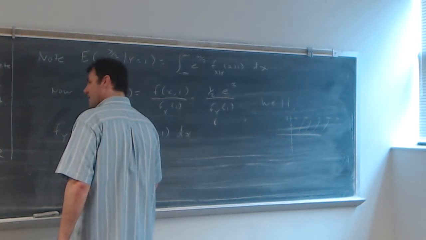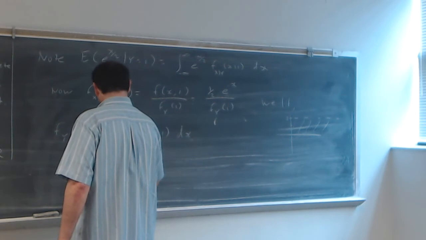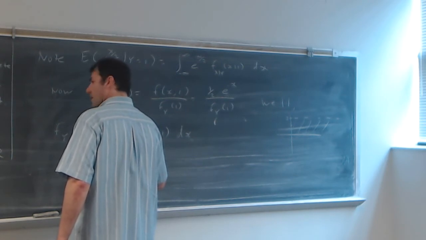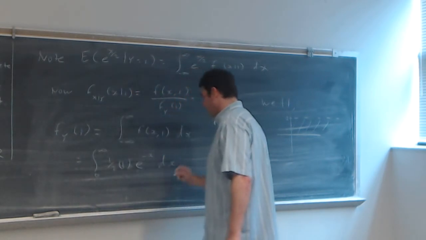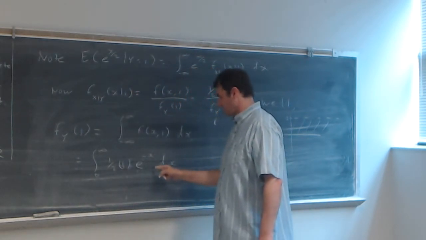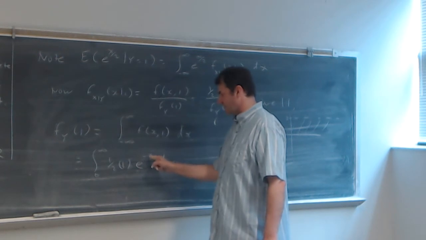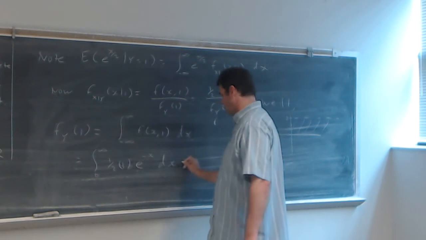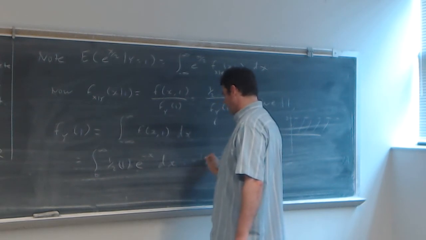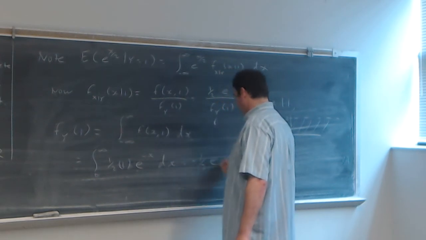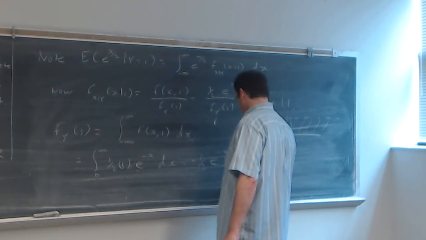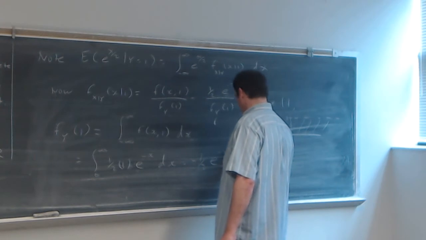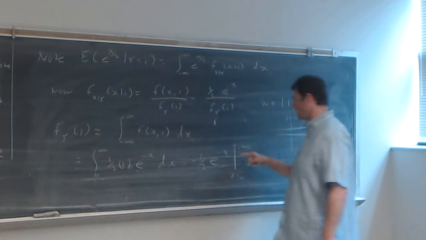So this will be 1/2 y, which is 1, e to the minus x times 1 dx. Here this is e to the something. To find the antiderivative of e to the something, we need the derivative of the something, which is minus 1. So I'll put the minus 1 there and compensate by putting a minus out front. So I get minus 1/2 e to the minus x, which I need to evaluate as x goes from 0 to infinity.